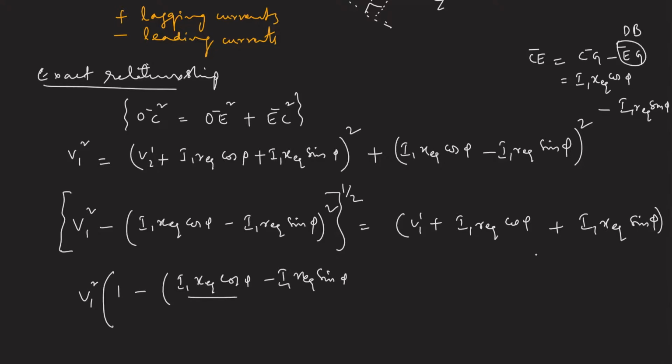I can bring this into the square term, so this becomes V1 whole square. To this also there is 1 by 2 and to this also 1 by 2, so that means the 1 by 2 and 2 cancel, so I can remove this one, right?